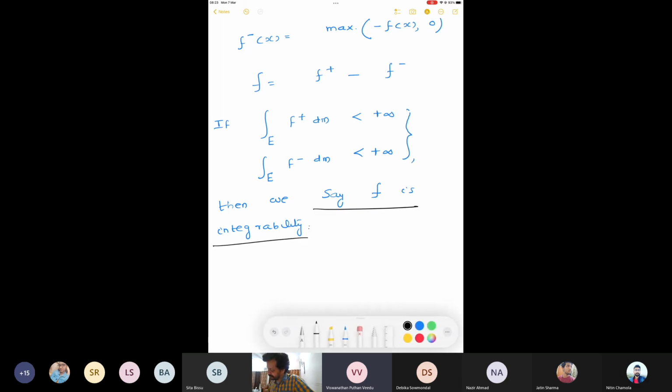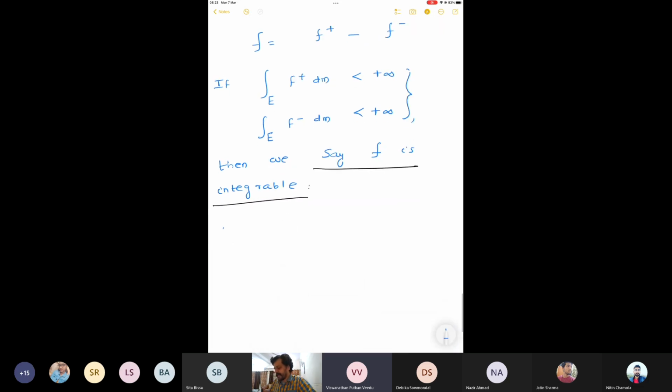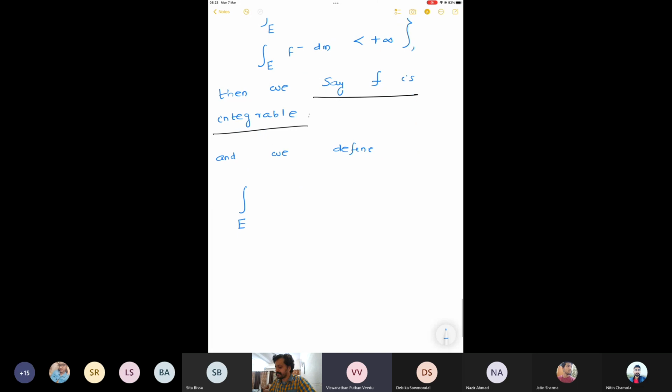And once it is integrable, we define the integral over E of f dm as the integral over E of f plus dm minus the integral over E of f minus dm. This was our last observation in the previous lecture.